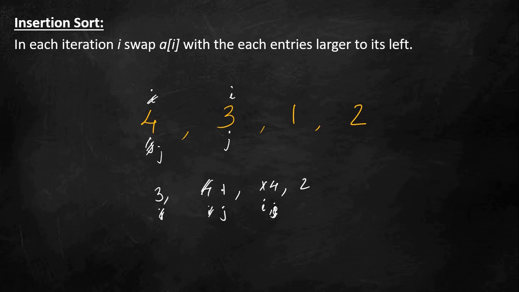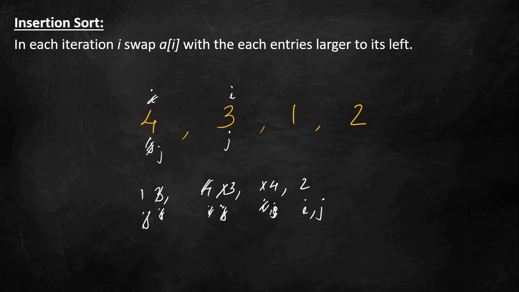Now again I will compare j with j minus 1 until j is greater than or equal to 0. So 1 and 3 I will compare. I will swap j and j minus 1. So here it will be 3 and here it will be 1 and j will be here. Now since j equals 0, I need to increment i and reset j to i.